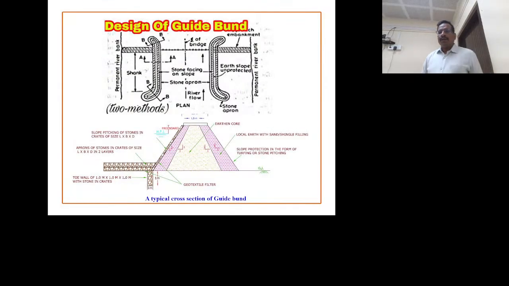In this, you see, this is the total river width, and we have constructed a bridge here so that the river will be constricted. And these are the guide bands we have provided. This is the upstream side, and this is the downstream side.